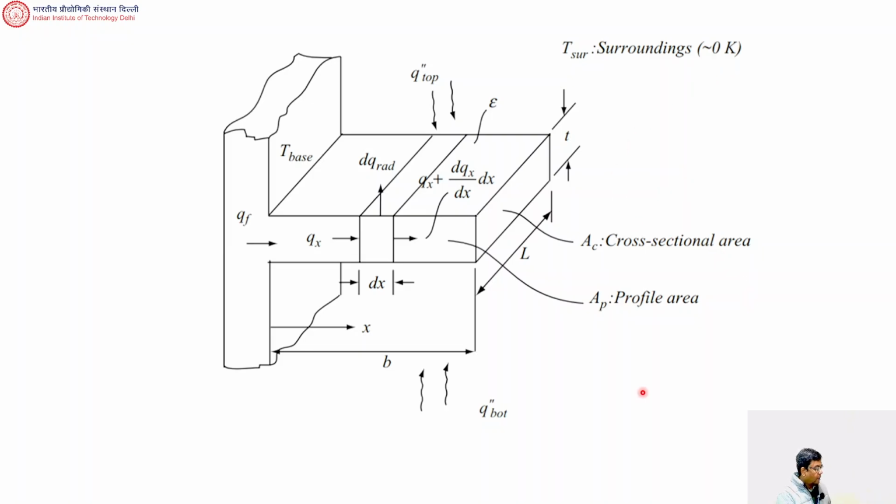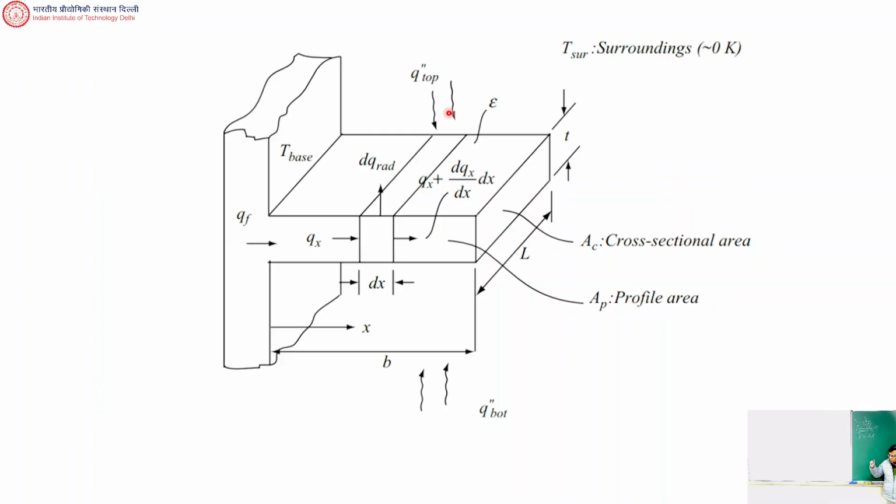Okay, now what we will do is we have this slice again. So this is the differential element. We call it a differential element. And in that differential element, that slice that you see, there is again qx going in and qx plus dqx going out, right?